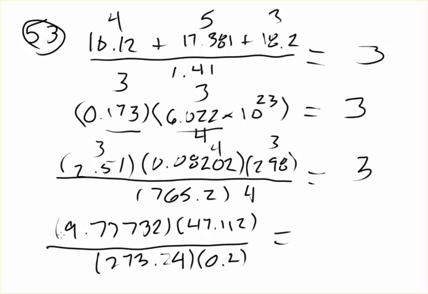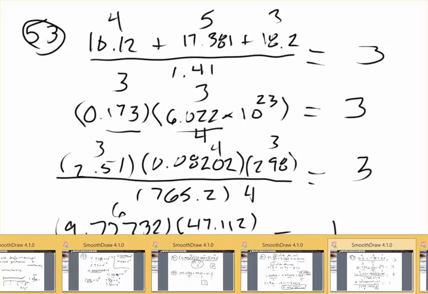For this one, you have 1, 2, 3, 4, 5, 6, 5, 5, and 1 sig fig. Leading zeros never count. So your answer only needs 1 significant figure. Okay? And the last one, number 55.